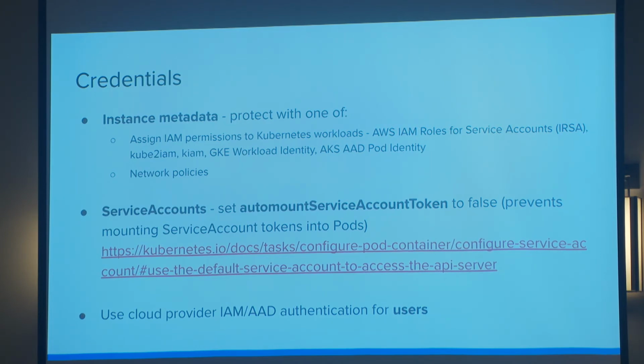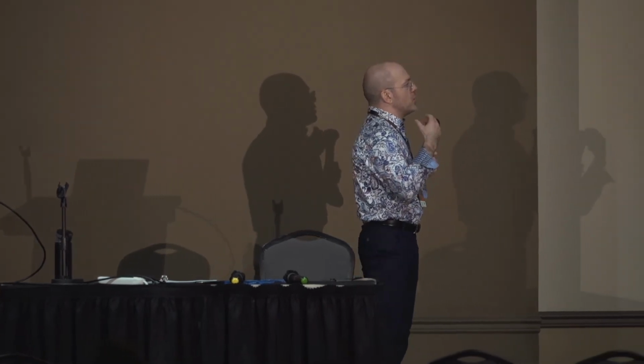So for example, if you've got a container that does backups and you need to be able to upload those backups to S3, there is a native way that all of the major cloud providers, Amazon, Google, and Microsoft, allow you to assign cloud permissions to the specific workloads that you run in the cluster.